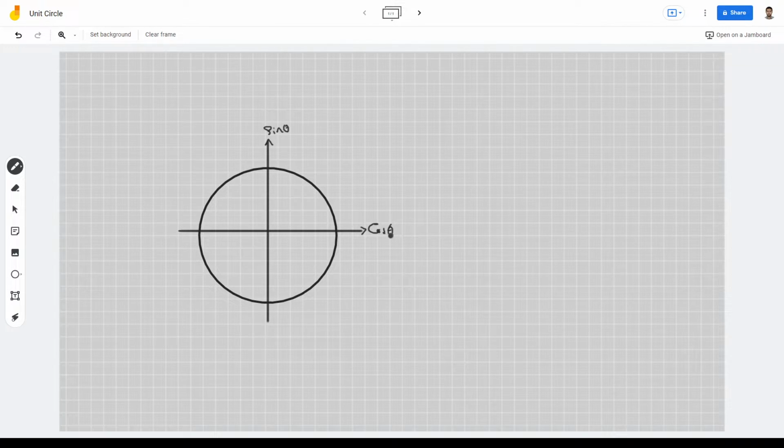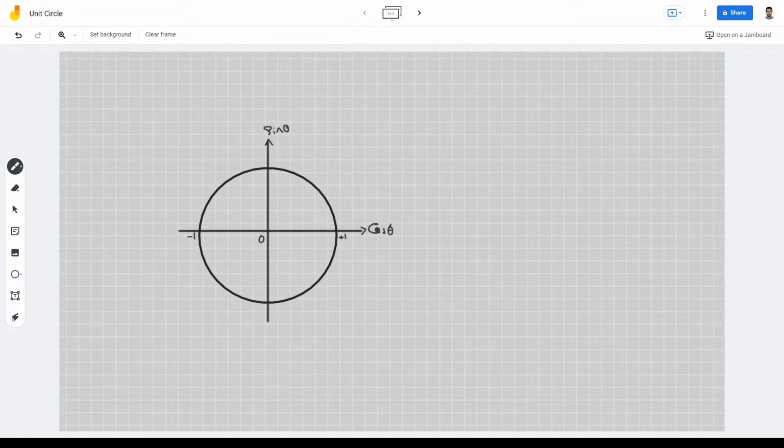So the horizontal axis is cos theta. We need an origin. The origin would be the center of the circle. Since this is a unit circle, the radius would be positive 1. So we take here as positive 1, here would be negative 1 on the cos axis.